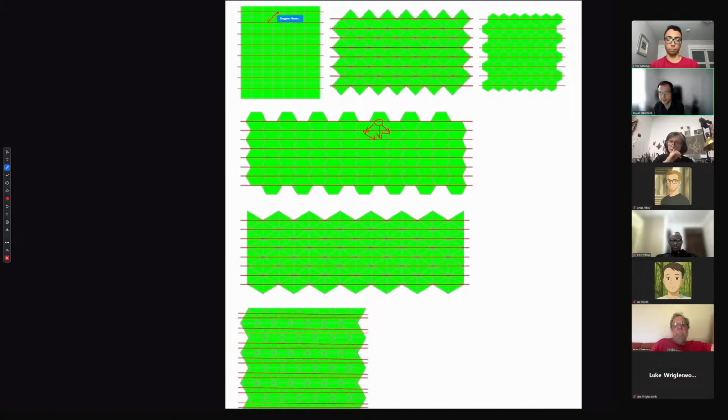Here, a square tiling influences these three, and none of those influence any of those. There's no crosstalk, but here there is crosstalk. I don't know if I'm making sense to you, Chase, if you can't see what I'm drawing, but I hope I'm making sense to the audience and to the other people on Zoom.